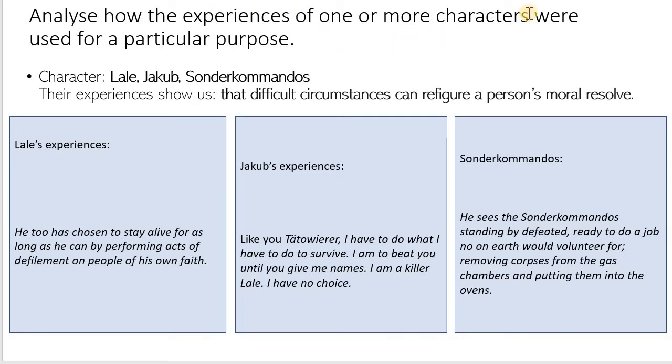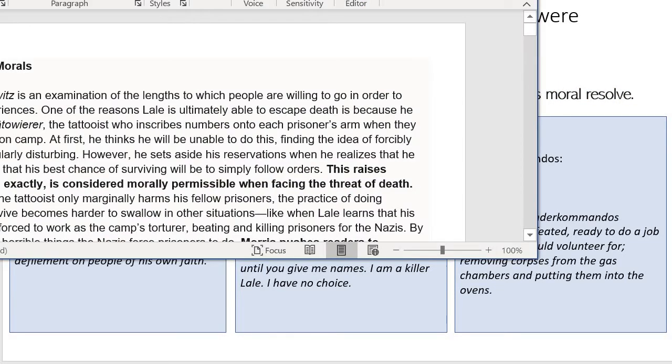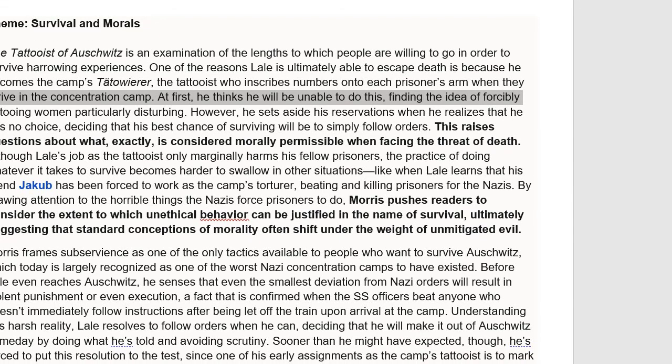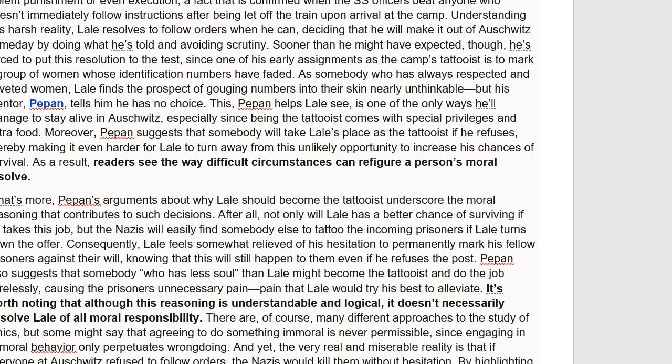The first way I've tackled it is, because it says one or more characters, I've chosen to do three. And what I've done is I've said that their experiences show us that difficult circumstances can refigure a person's moral resolve. Now, to get those, I have gone to the theme notes that are on OneNote and Teams, and I've been pulling from there.